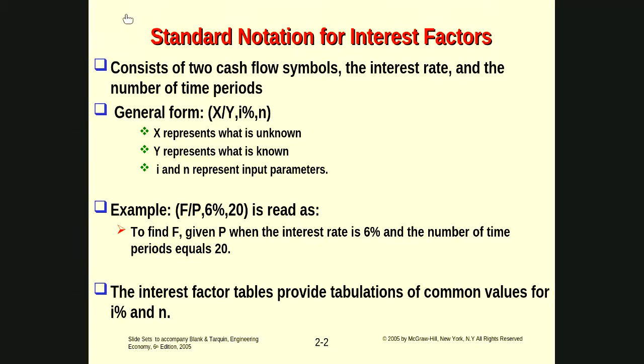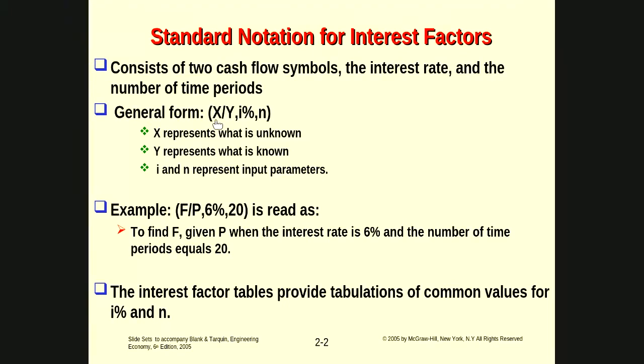The slide here explains the formulation. Start with the thing that you want to find, which is x here in the formula. The slash, we read it as given. Then the letter after the slash is the thing that you have already been given, the known.